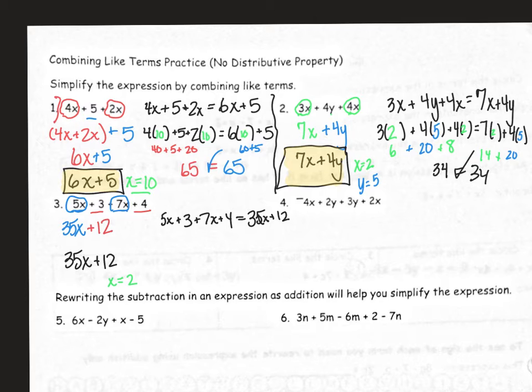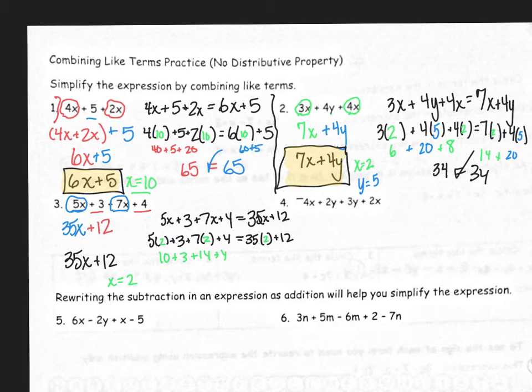So I'm going to do 5 times x plus 3 plus 7 times x plus 4. And over here I'm going to do 35 times x plus 12. When I put 2 in here for all the x's, over here I get 10 plus 3 plus 14 plus 4.